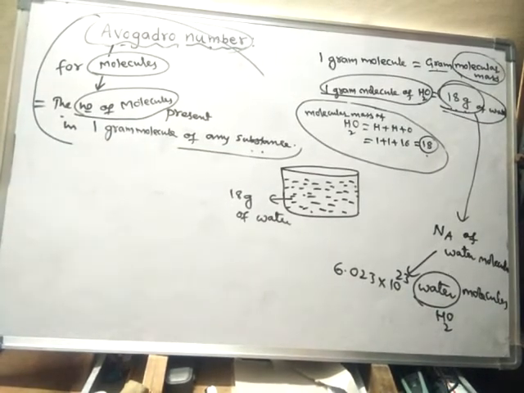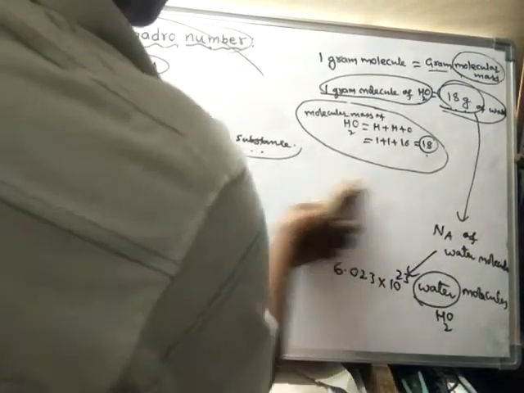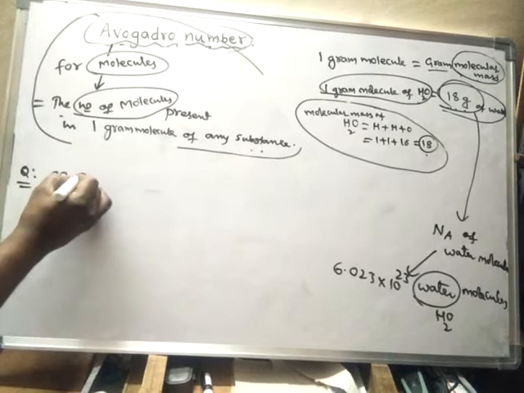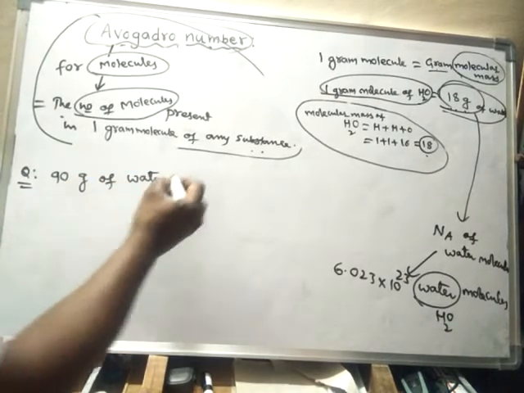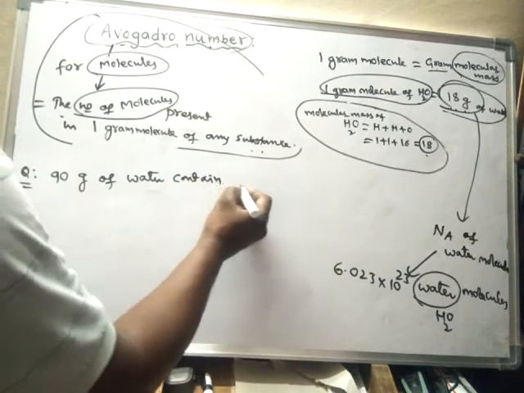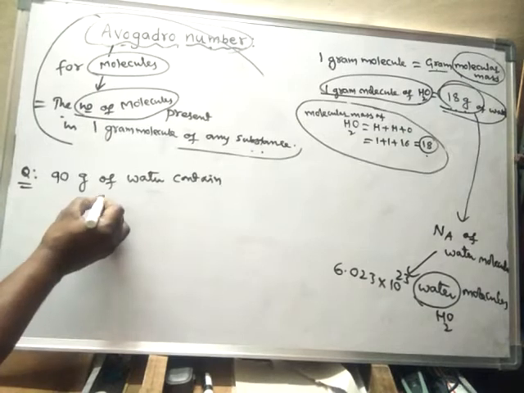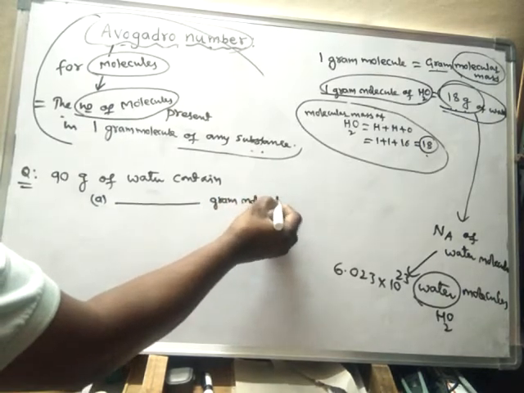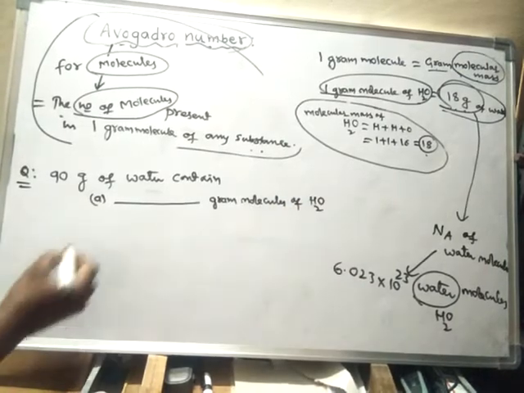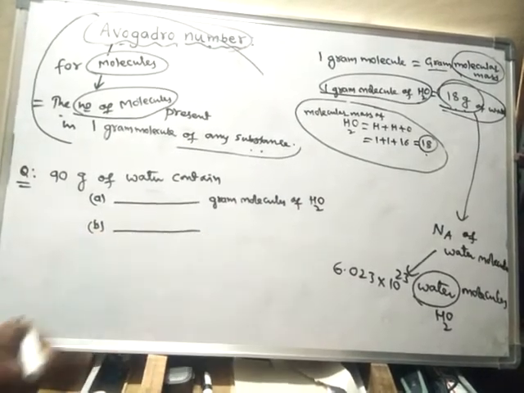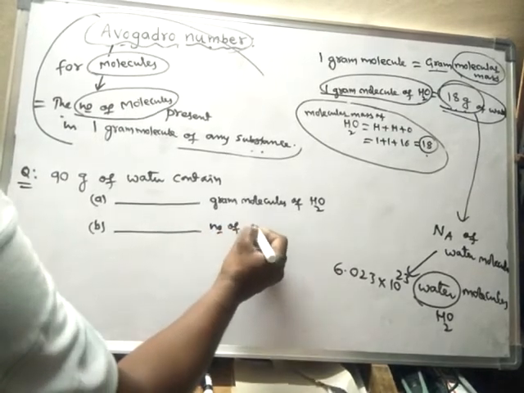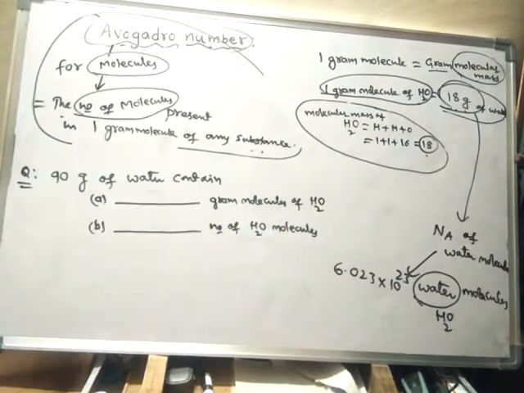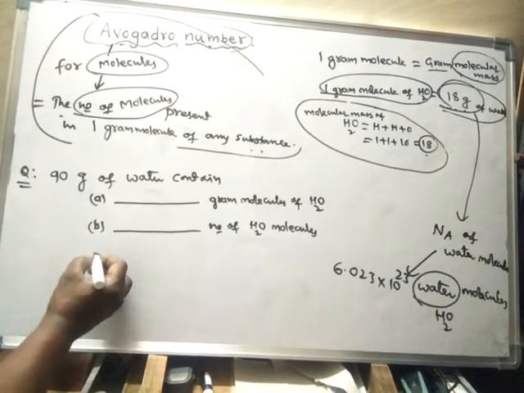Now I will give you one question. 90 grams of water contain: a, dash gram molecules of water; b, dash number of H2O molecules; next is c.